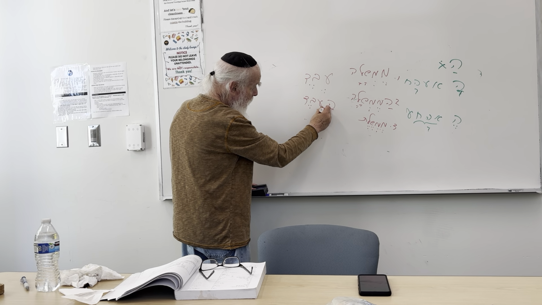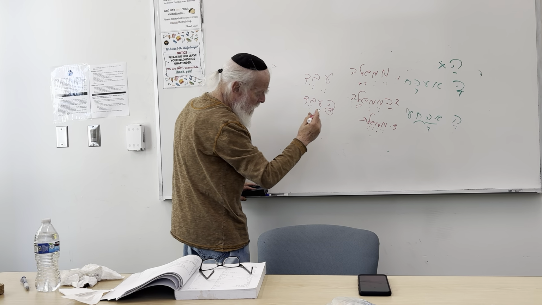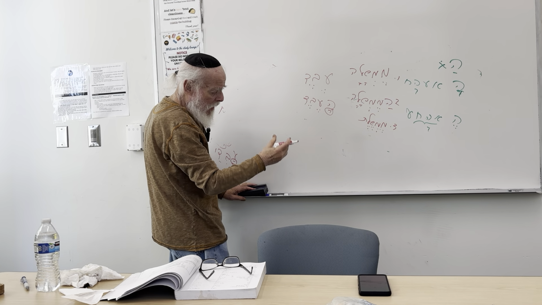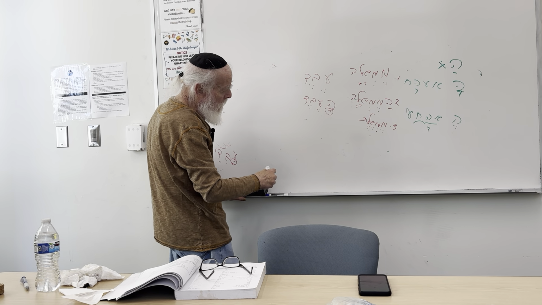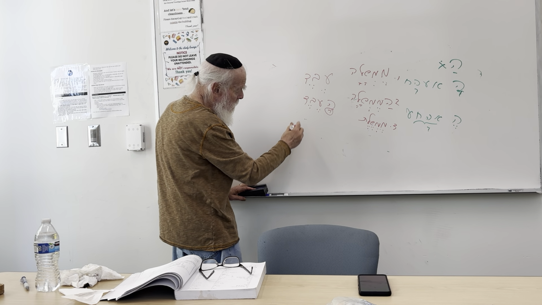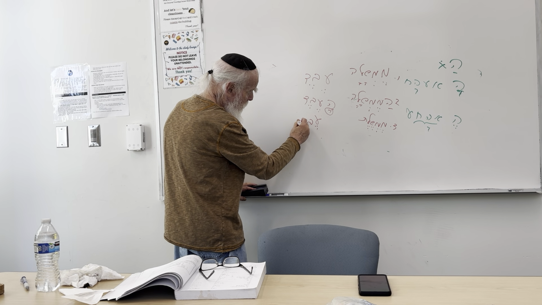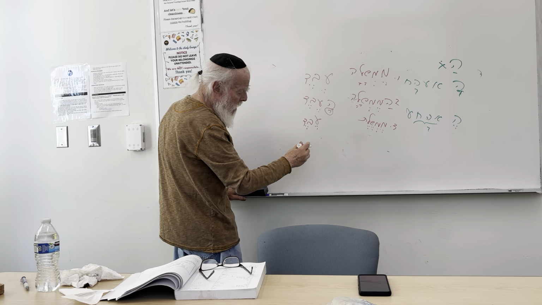Notice I'm pointing the hey with a kamatz because the laryngeal letter cannot take a dagesh chazak. The patach increases to a kamatz. The construct of the word Eved is the same as the absolute. So Eved by itself could either be a slave or a slave of.